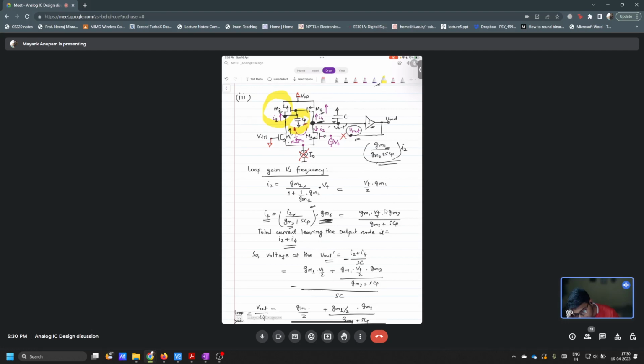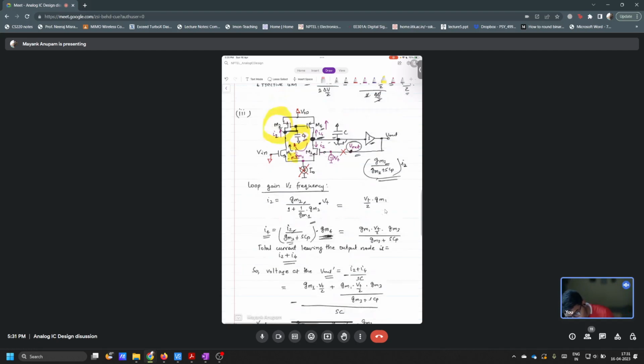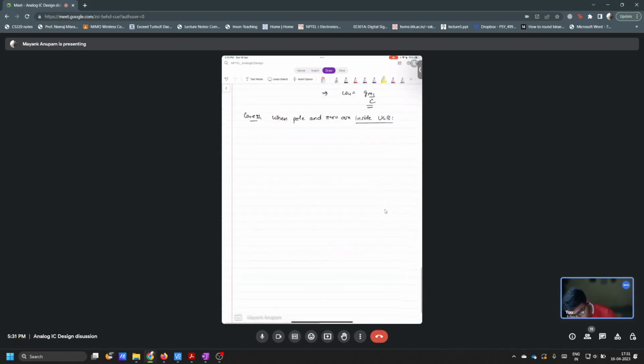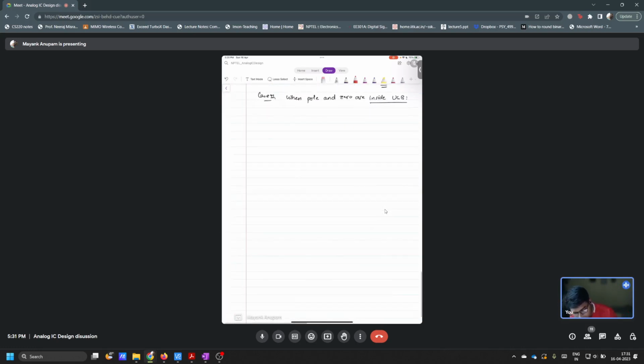Right, so this expression here is 1 over GM1. Looking into the source of M1, the impedance is approximately 1 over GM1. This is an approximation, almost always valid when there is no impedance here. So if you have this case, let's say this is some RD. Okay.